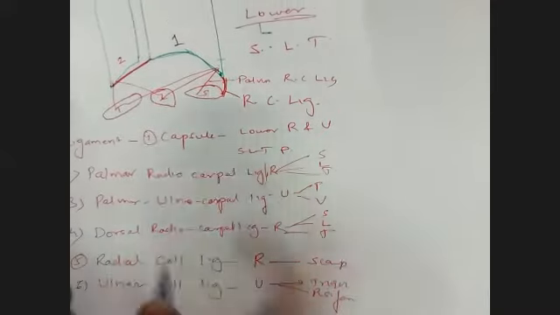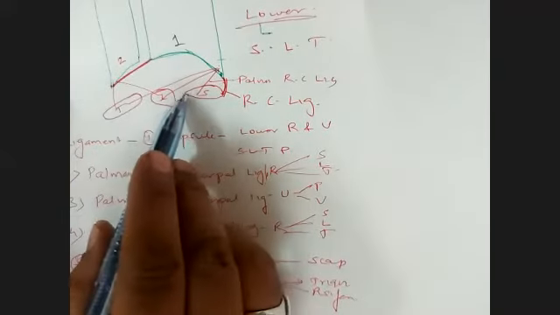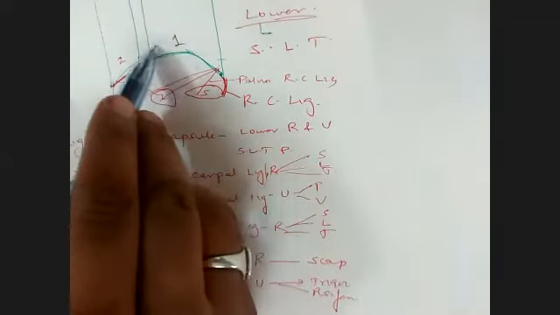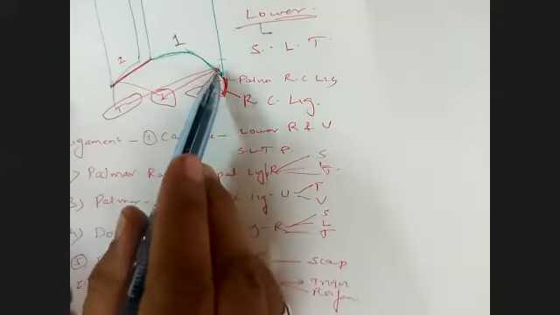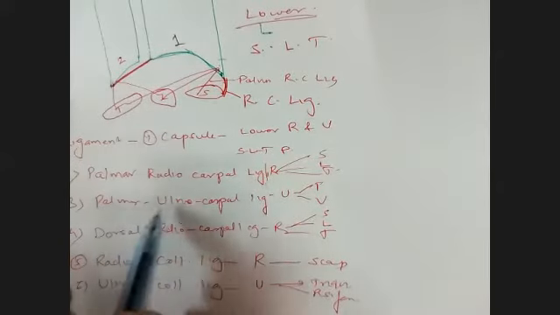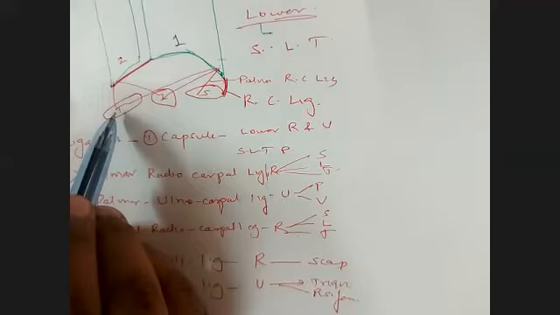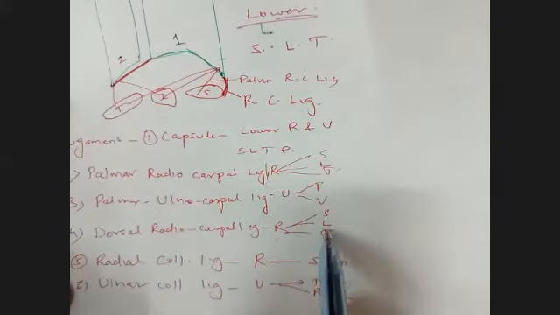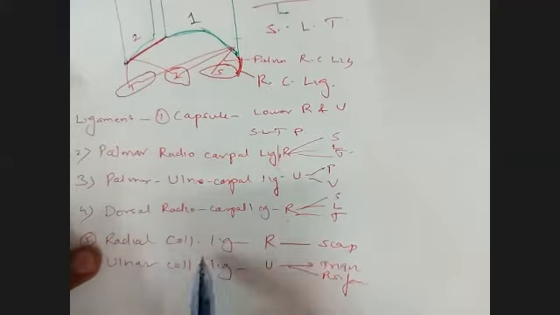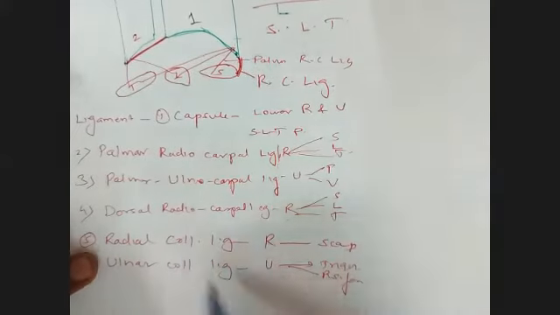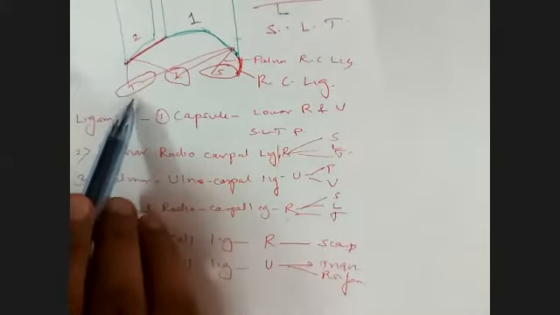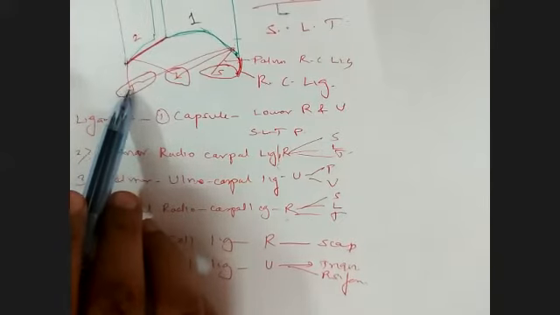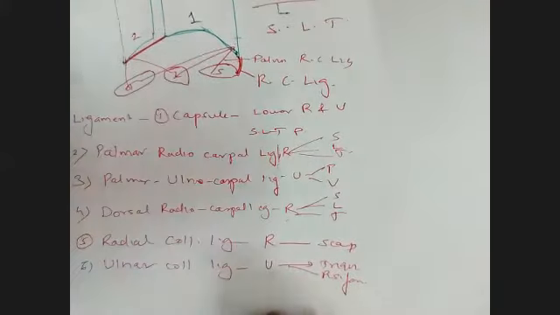So these are the ligaments: the capsule, attached to the proximal row of the carpals and lower end of the radius and ulna; palmar radiocarpal, going from the radius to scaphoid, lunate, triquetral; palmar ulnocarpal, going to triquetral and lunate; dorsal radiocarpal, going from the radius to scaphoid, lunate, and triquetral; radial collateral ligament, going from the radius to the scaphoid; and ulnar collateral ligament, going from the ulna to the triquetral and pisiform bone. So that is about the ligaments.